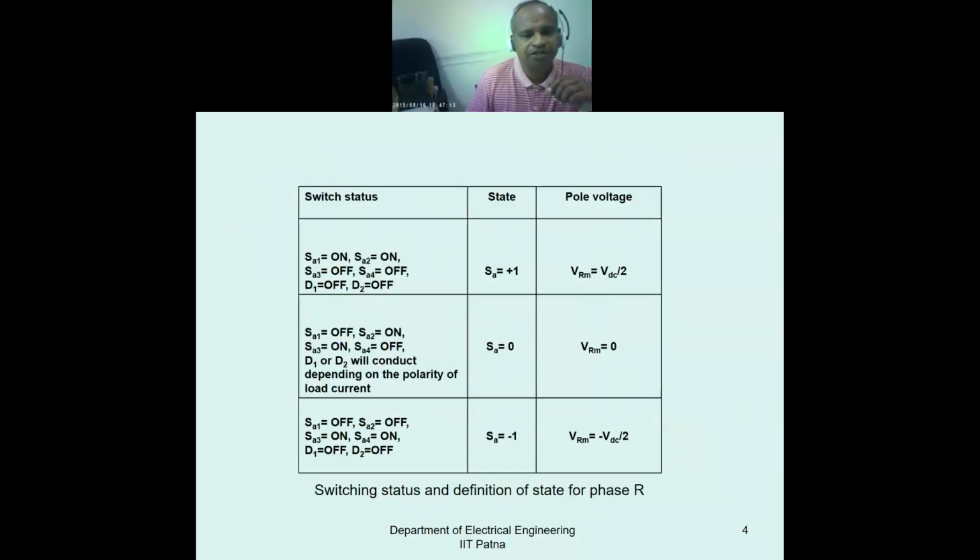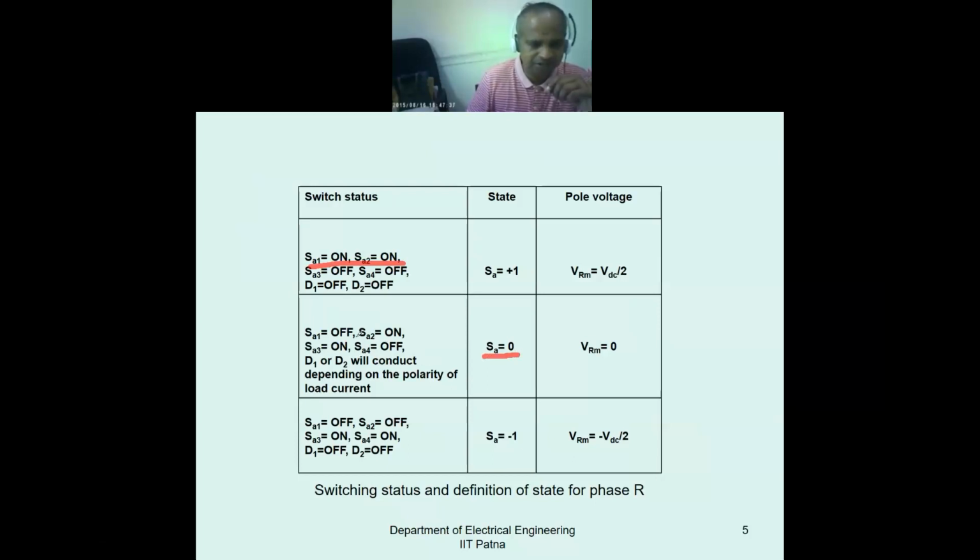So this is what I have explained already: for one phase, when SA is 1, SA1 and SA2 are on, and when SA is 0, that means the middle switches are on.